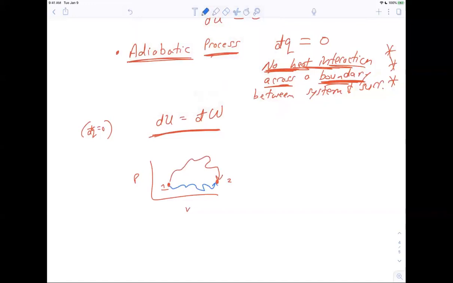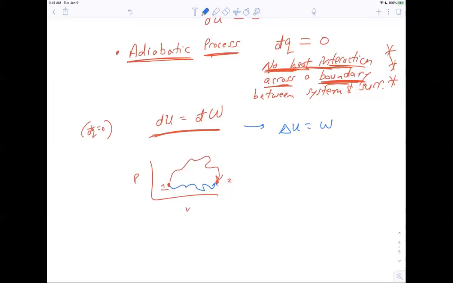Okay, du will always have to be the same because u is a state function. It doesn't depend on the path. So that means there's a unique value on the left-hand side for u. If we were to integrate this, we would get delta u is equal to w. Okay, just by integrating.